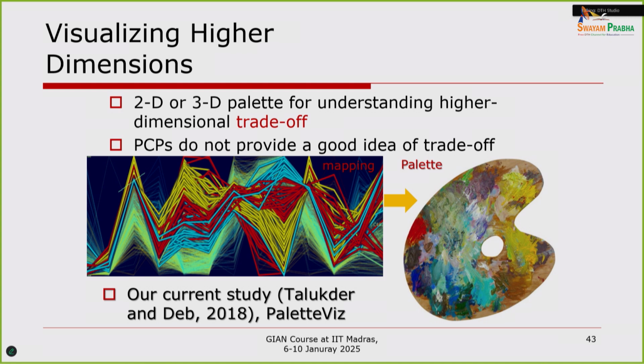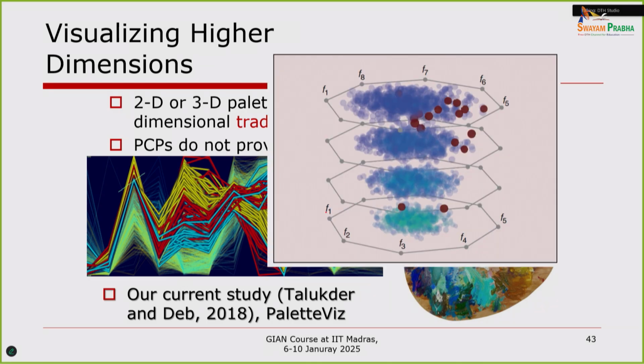We also did another one called palette V's. So this was the value path or the parallel coordinate plot, very difficult to know the trade-off. So what we do is, if you have a Pareto front, like this is an 8 dimensional problem, so an 8 objective problem. Okay, one of these is called rad V's.